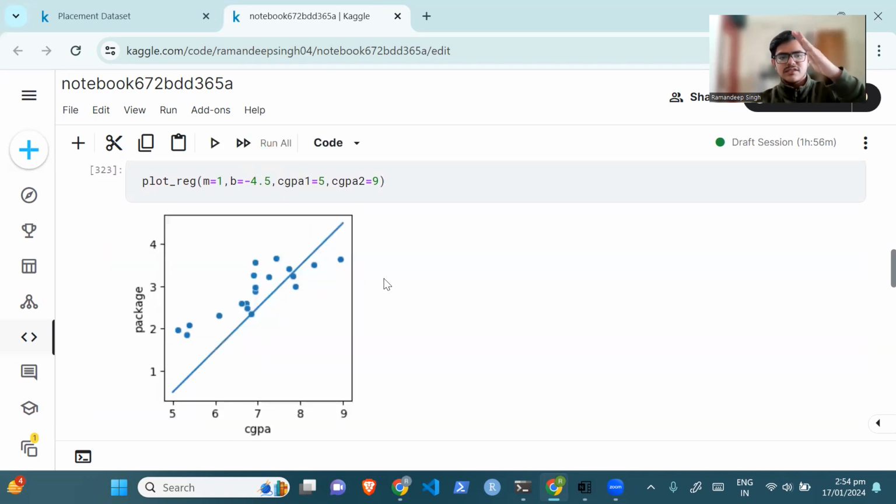You can see that when I change the intercept, the line shifts parallelly upwards or downwards. The slope is the same, but the intercept is changing. And when I change m and keep b constant, it pivots around a point and the regression line moves like this.